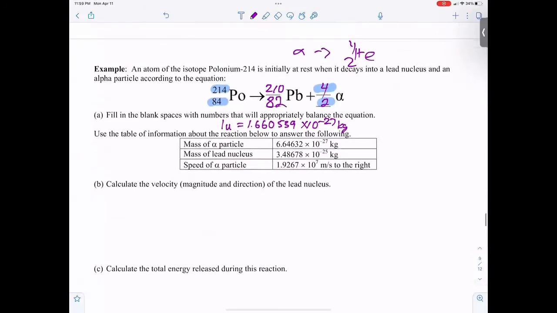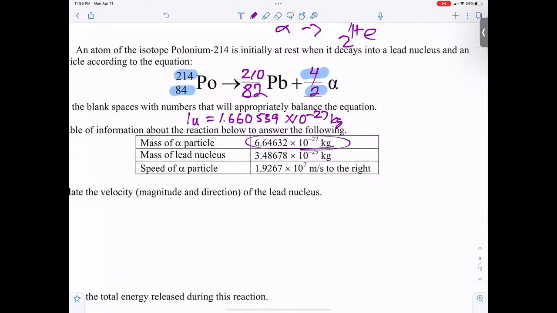So if we actually multiply this right here and put it in atomic mass units, that means that if I take this and I divide it by this many kilograms, I'm going to get 4.00250.762 atomic mass units.